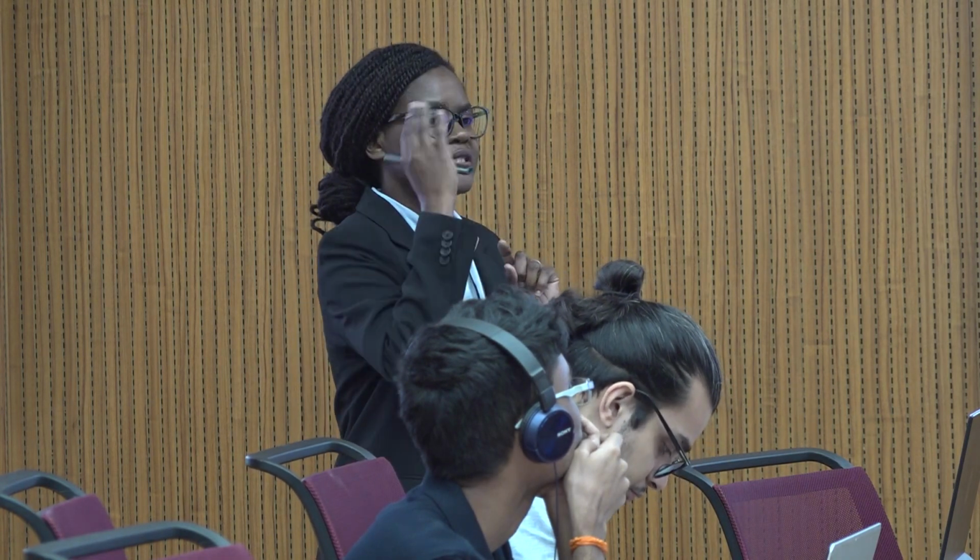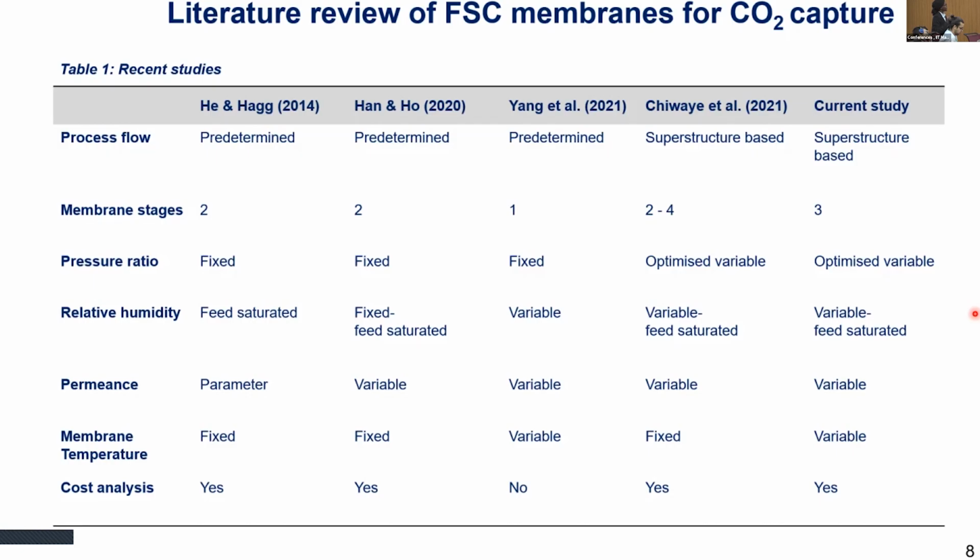However, within the membrane profile, the relative humidity is decreasing, but you assume that the CO2 permeance is constant, not affected by that decrease in relative humidity. In our previous work, we assumed a variable permeance, and we assumed a fixed membrane temperature.